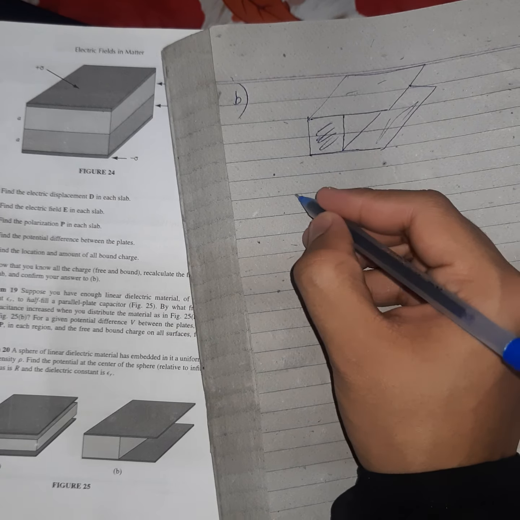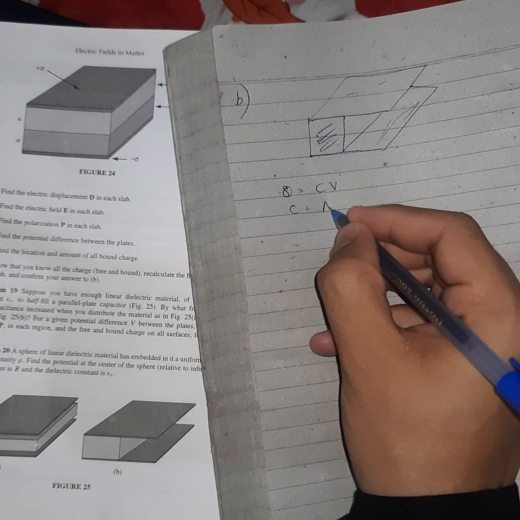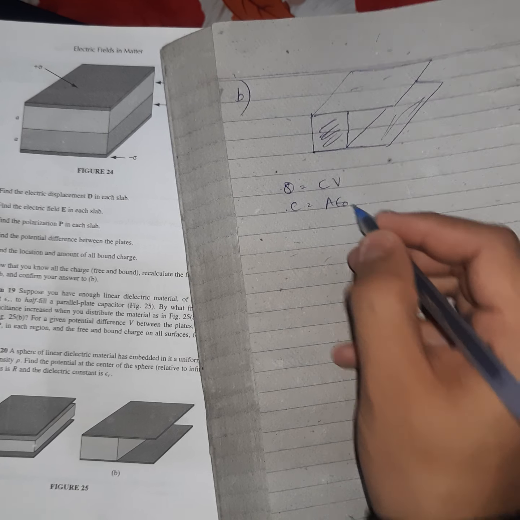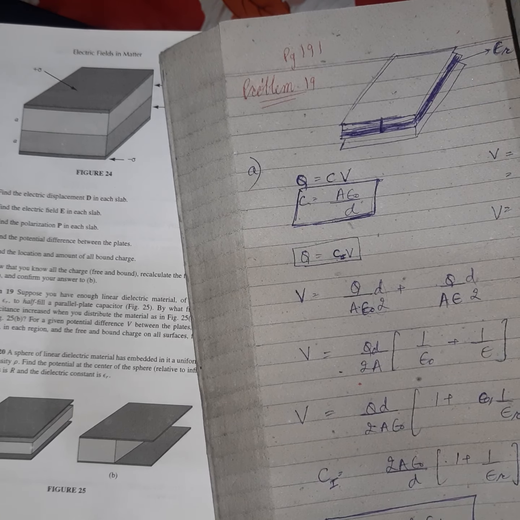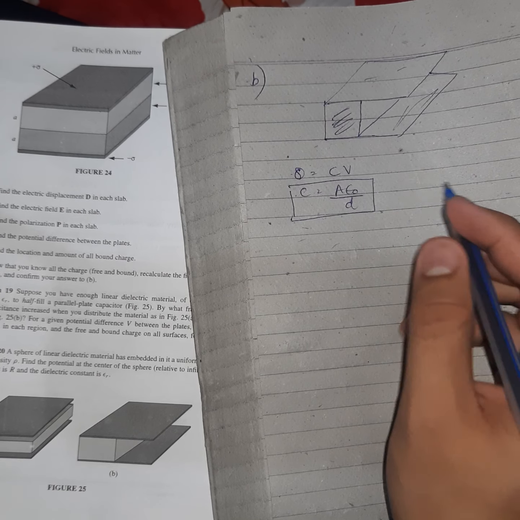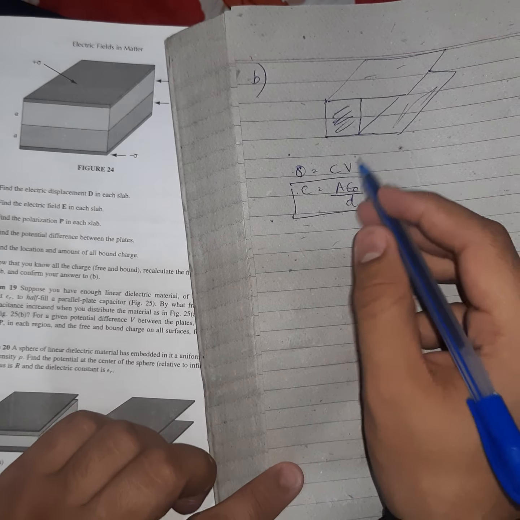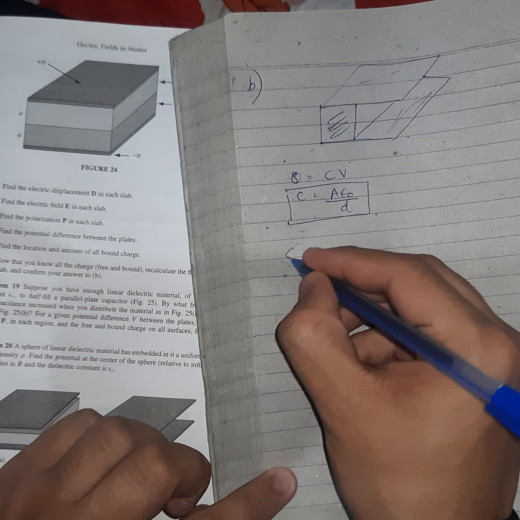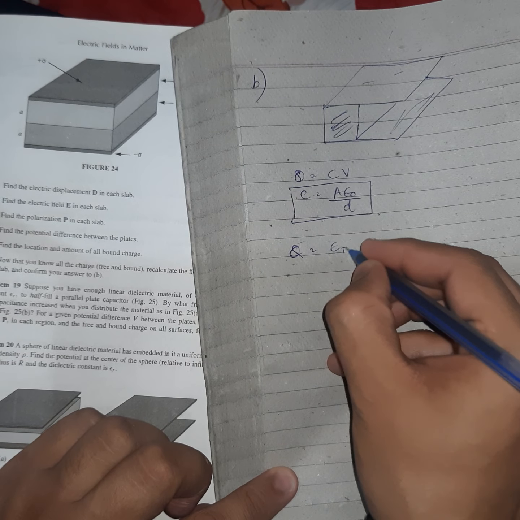We know that Q is equal to CV, and we just calculated C as A epsilon upon D for the parallel plate capacitor. Alright, now let us calculate for this distribution. So Q is equal to Ci into V.